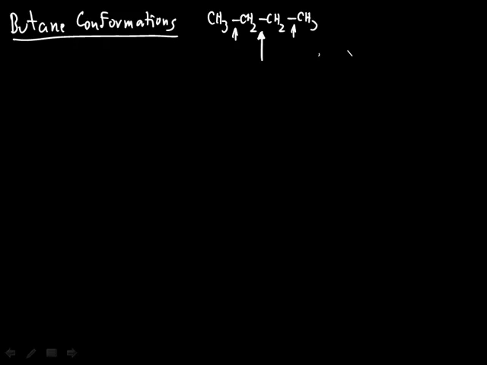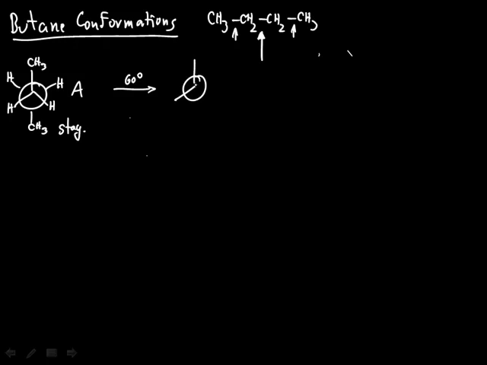And so let's just start by drawing out the different Newman projection formulas for different conformations of butane. So we'll start with the staggered conformation. We'll abbreviate this as stag and label the structure as A. And then rotation by 60 degrees gets us to an eclipsed conformation.